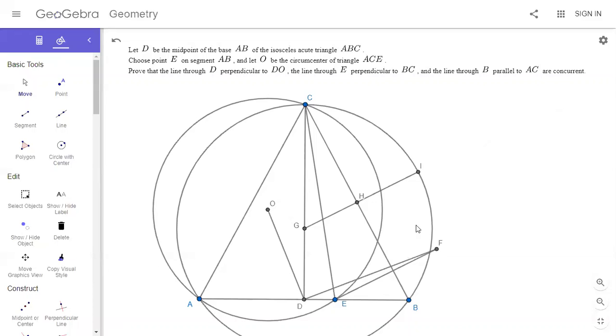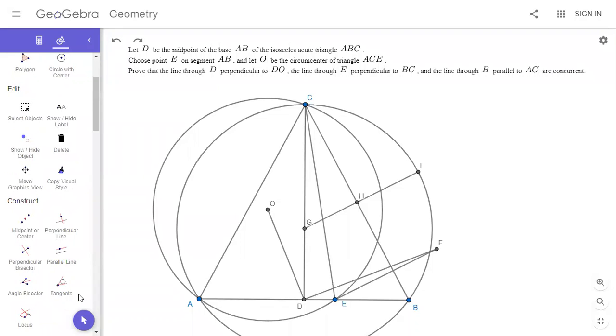Basically, we're saying BI should be perpendicular to AB. Oh no, what am I missing here? Oh, because F doesn't lie on the circle. So in that case, I should probably erase this.